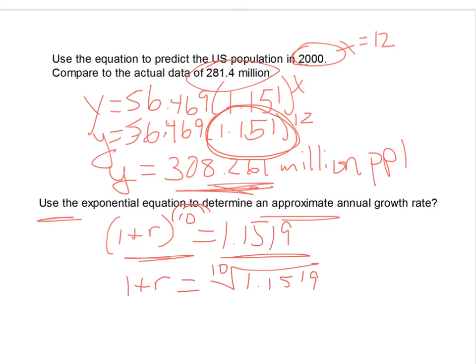And then I'm going to subtract the 1 off also, because now I have to subtract 1. So whatever the 10th root of all that is. Okay, if I do that whole thing in my calculator, I get 0.014. So about 1.4% is about the annual growth rate, approximate.